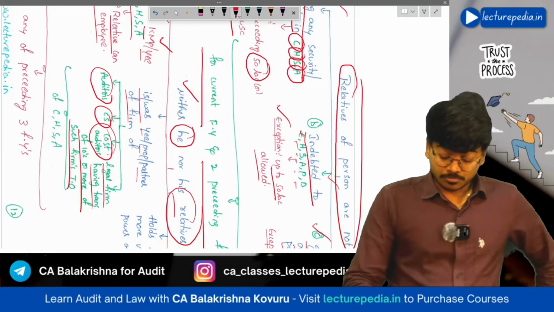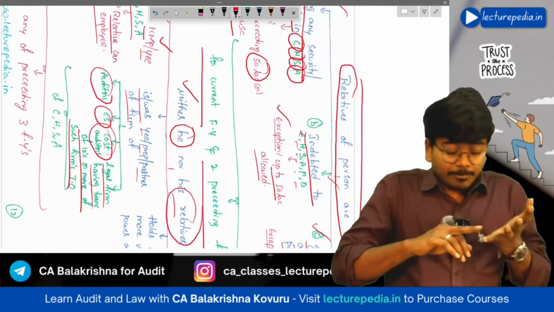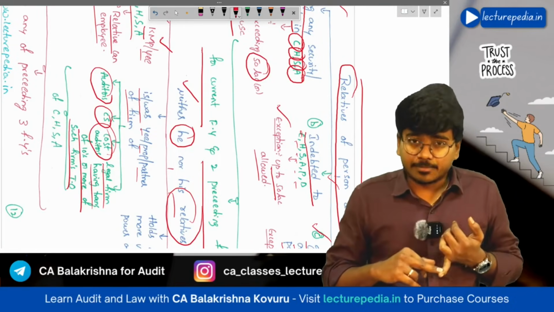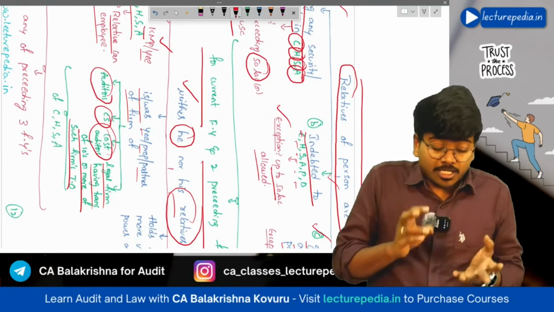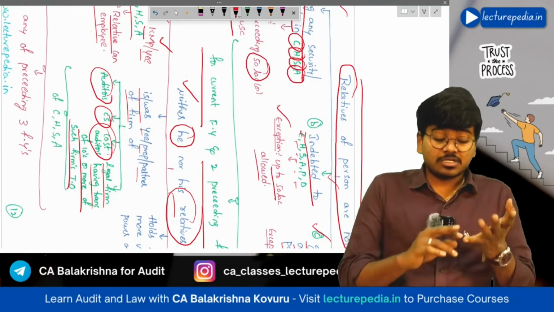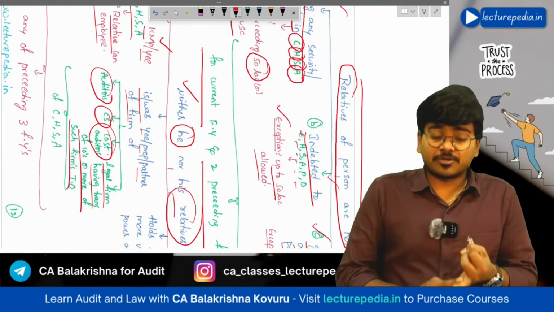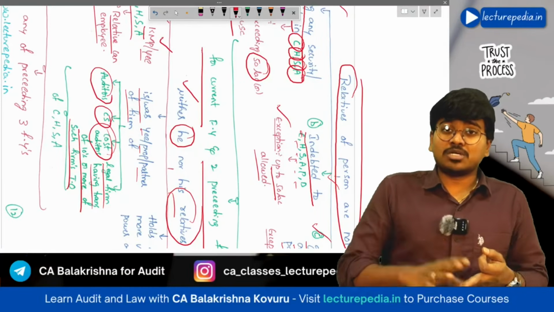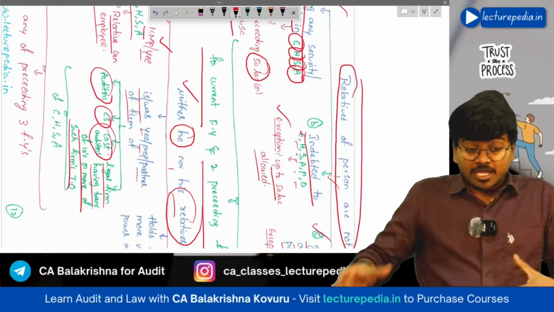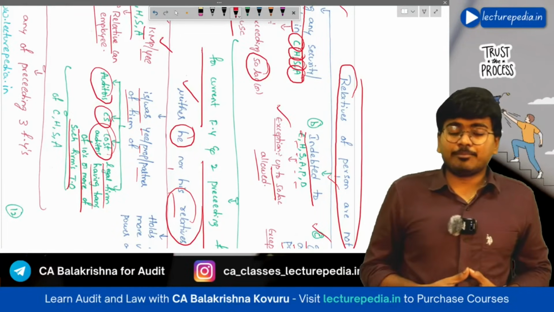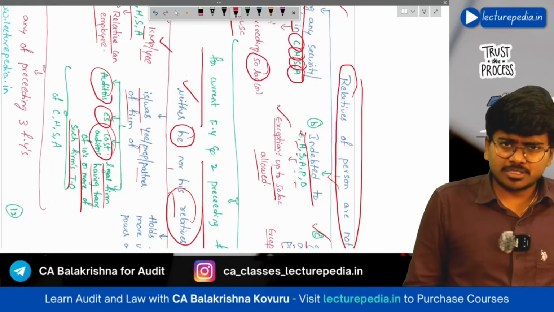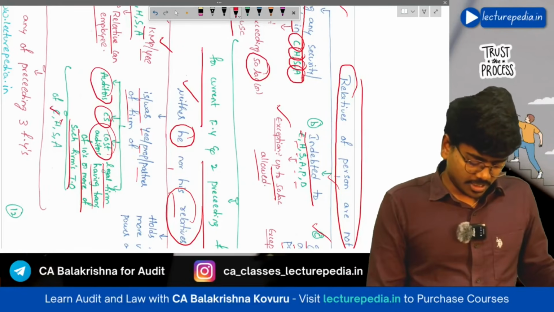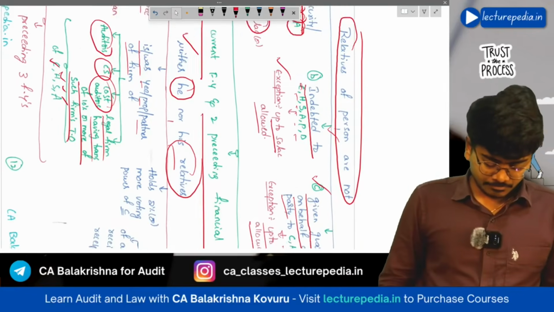So the person whom you are going to appoint as independent director, nor his relatives, should be partner or proprietor of a CA firm, CS firm, cost accountant firm or any legal firm which the company has employed. Here again company means you should include all the four: company, holding, subsidiary, associate.